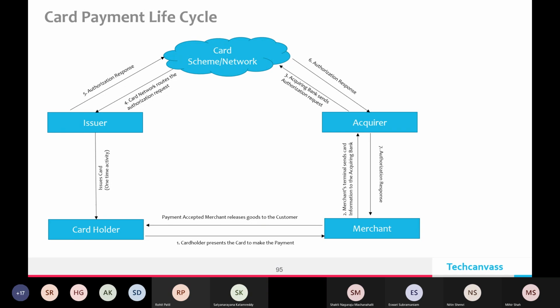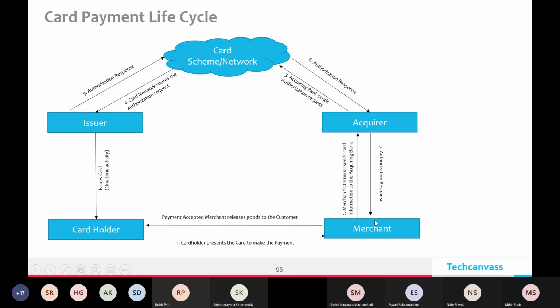Okay, and the next scenario given is how the payment life cycle happens in the card scenario. The issuing bank has issued the card to the card holder, and then the card holder presents the card to make the payment, and it went to the merchant, and through the merchant it went to the card network, and the card network sent the authorization request, and then the authorization response has come.